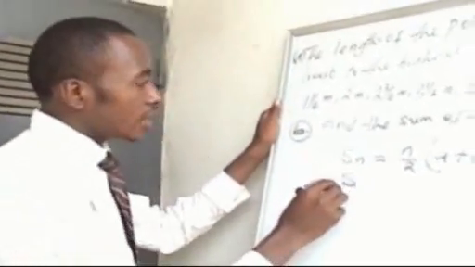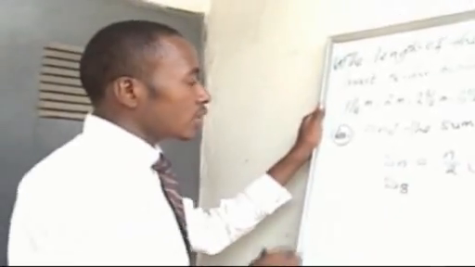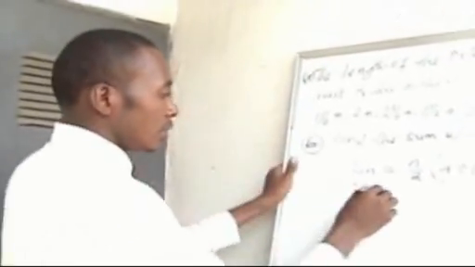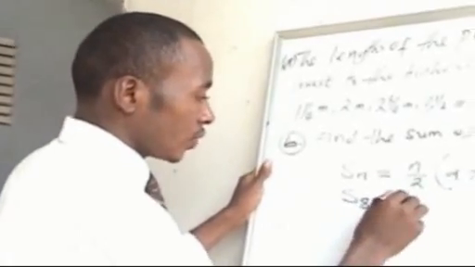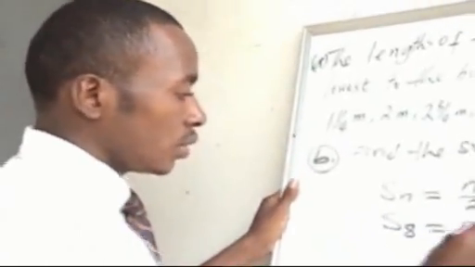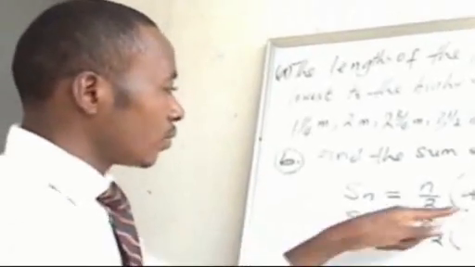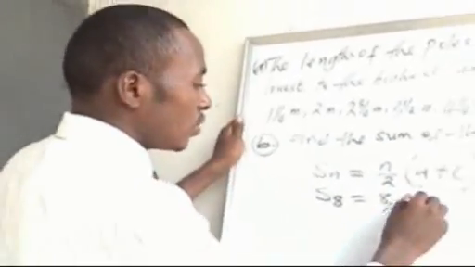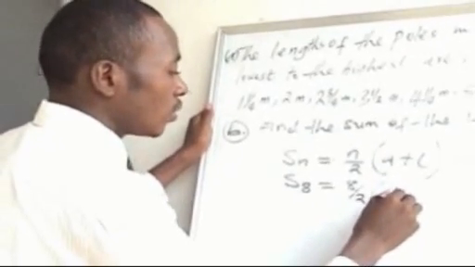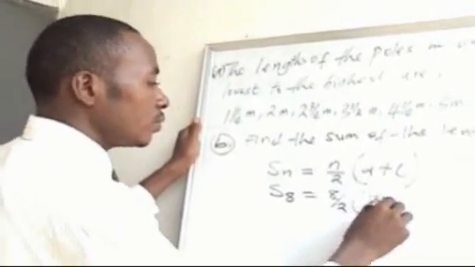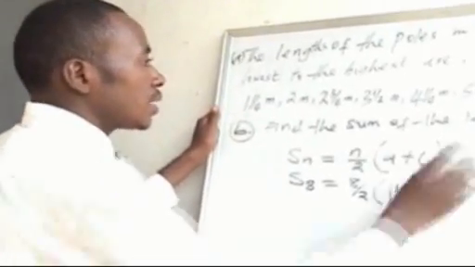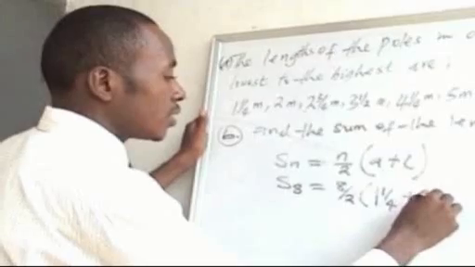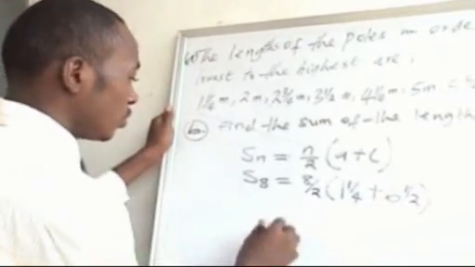So Sn here will be S8 because there are 8 terms in the sequence. This is equal to 8 over 2 into (A, which is the first term, 1 whole number 1 over 4, plus the last term, 6 whole number 1 over 2).